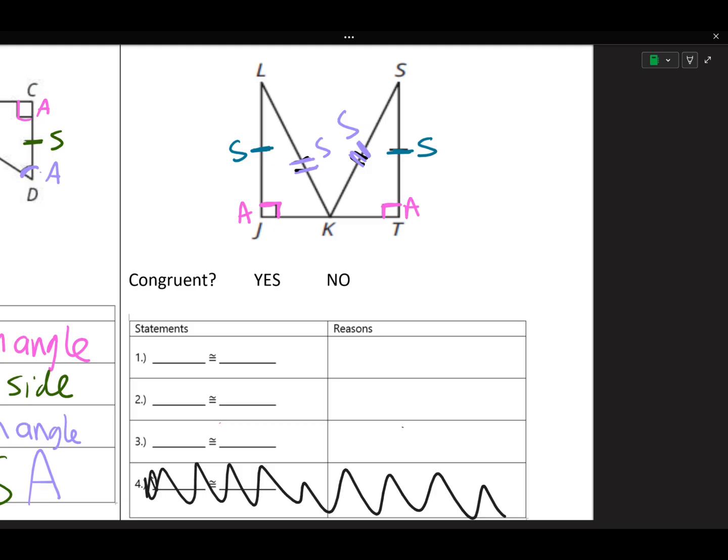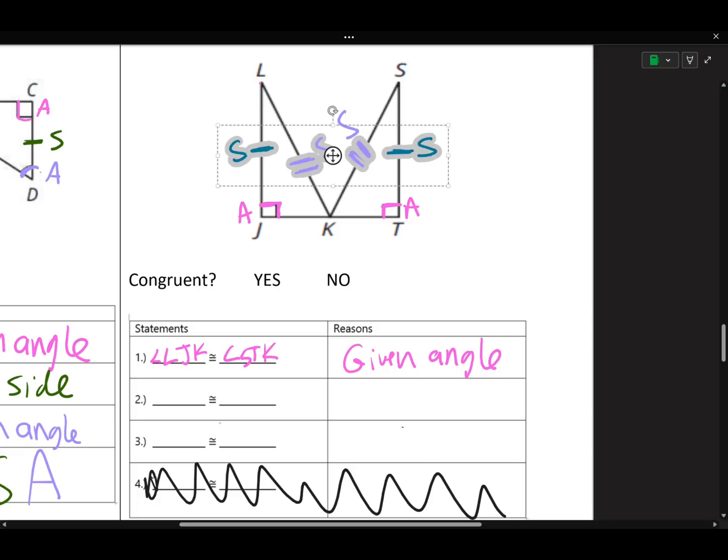Let's start with that angle. On the left triangle, I'm going to name this angle LJK. On the right triangle, I'm going to name it angle STK. And this is a given angle. Okay. Next, let's talk about that side.